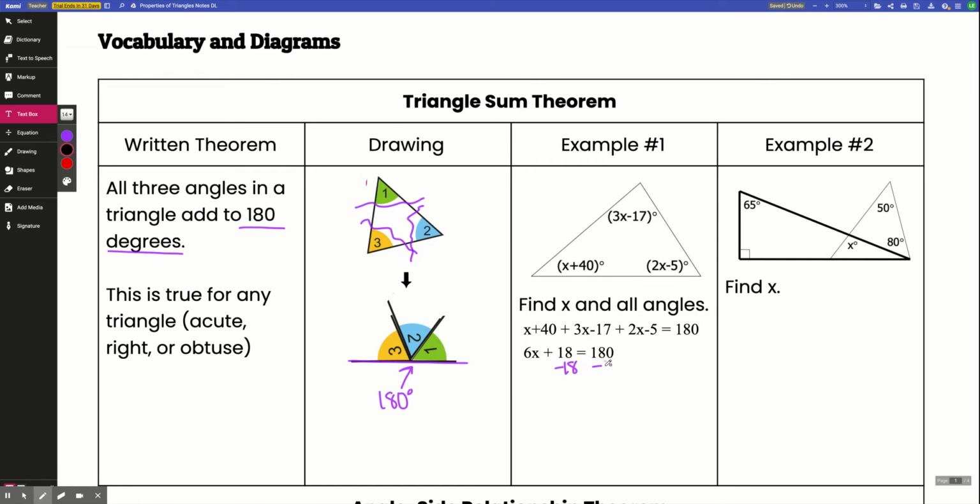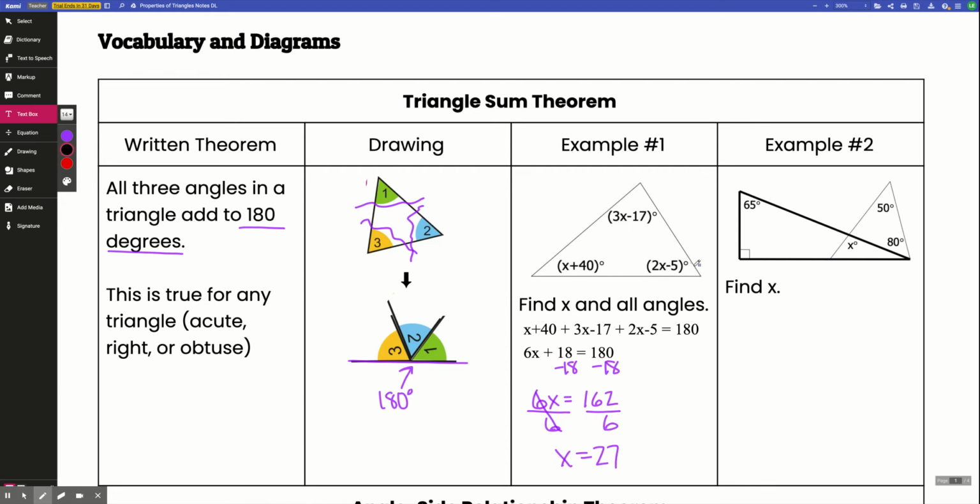So I end up with 6x equals 162, and then I'm going to divide by 6 on both sides. Okay, so I end up with x equals 27.